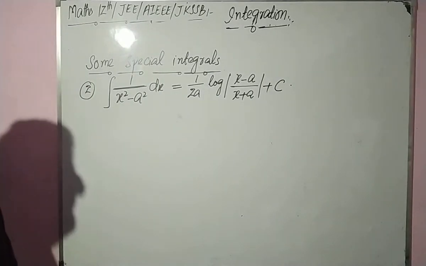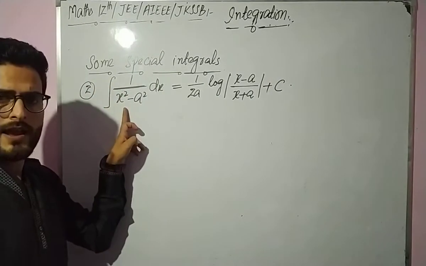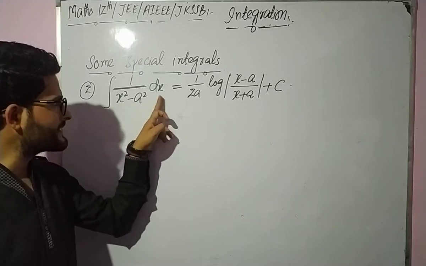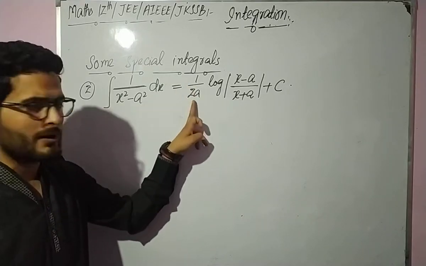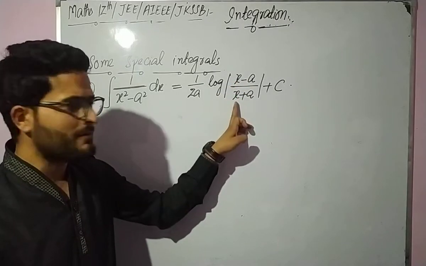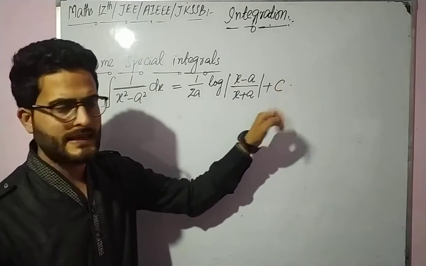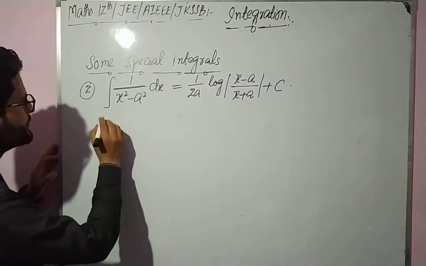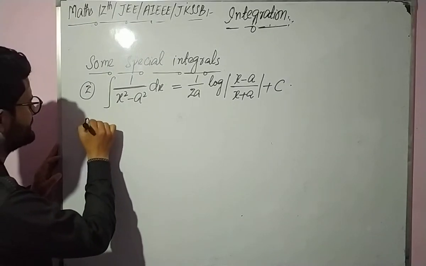A special integral, 1 divided by x square minus a square dx, is directly equal to 1 divided by 2a log of mod of x minus a divided by x plus a plus c. This result we are going to prove here.